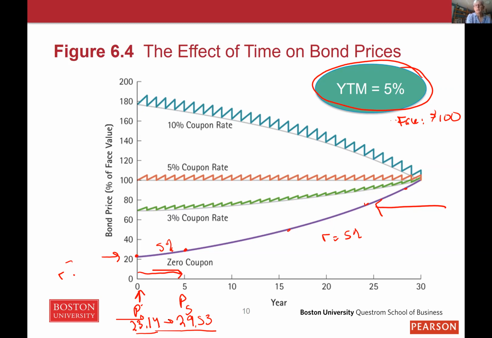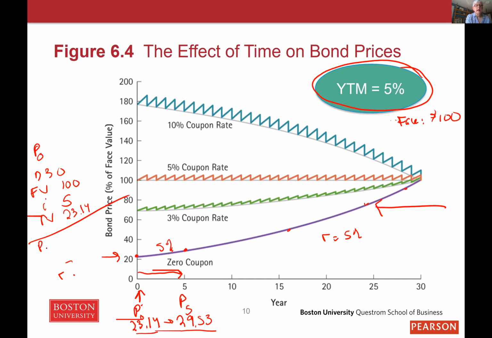So just to quickly put in the inputs here. For the first one, price at time 0, you have 30 years left. Your future value is 100. I is 5. So you solve for present value and you get 23.14.